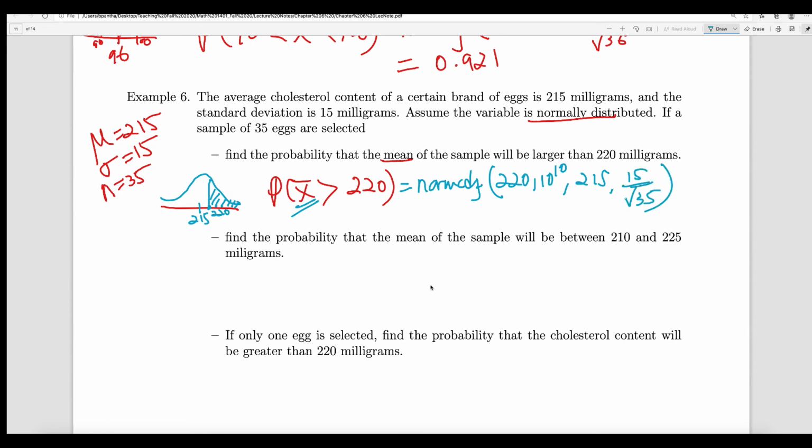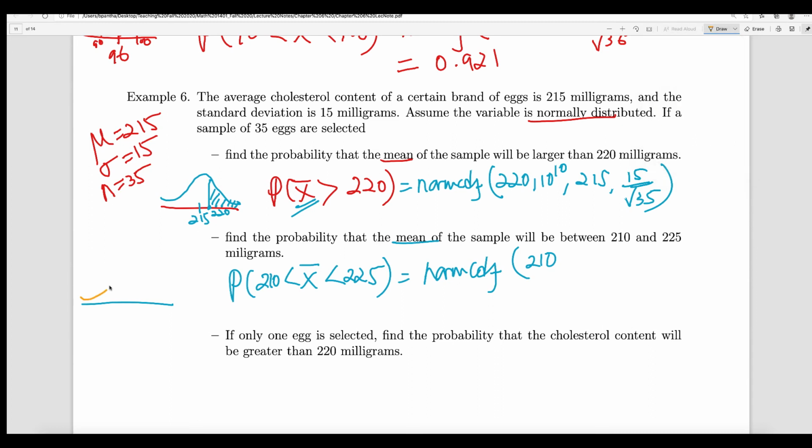Use the calculator there. Okay, find the probability that the mean of the sample will be between 210 and 225. What is it asking? The probability that x bar, the mean, is greater than 210 and less than 225. So it will be normal CDF in the calculator. It will be 210 because what is happening there is basically there is a normal distribution.